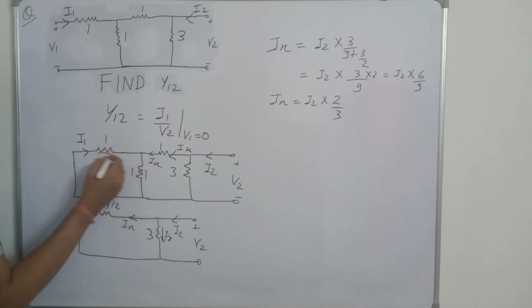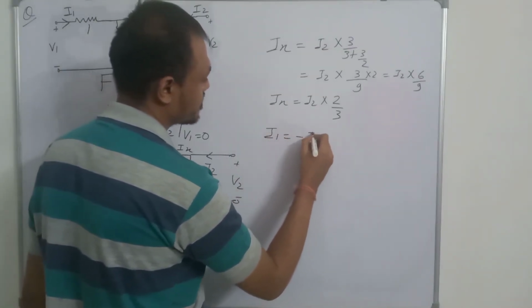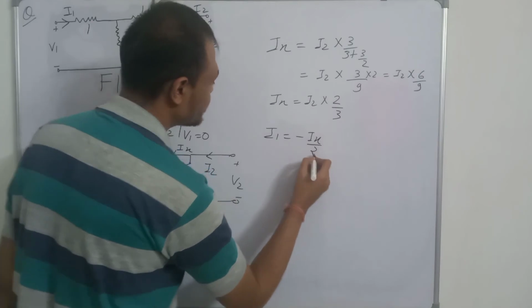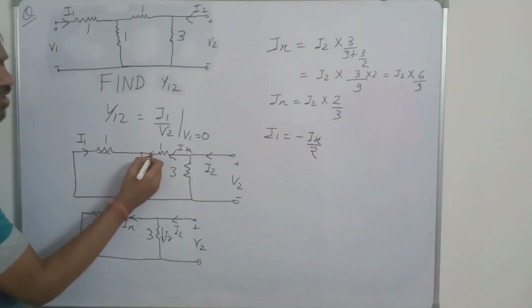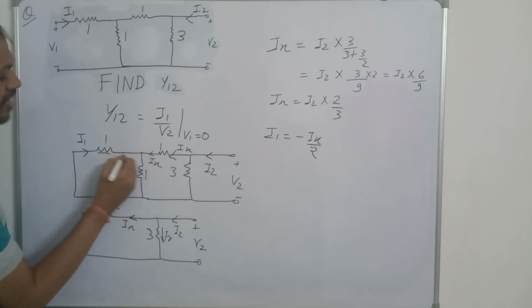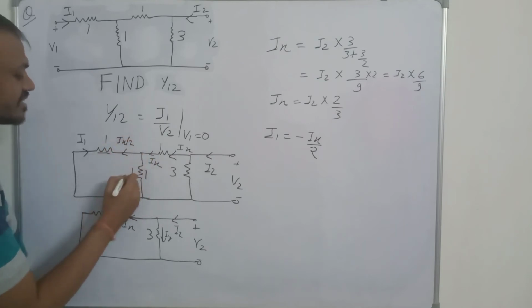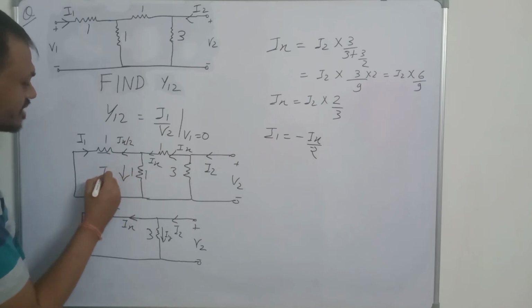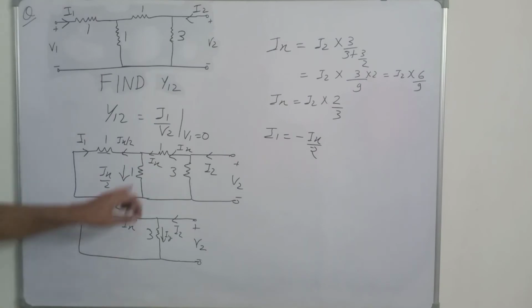So I1 will be equal to minus Ix by 2, because the direction of I1 and Ix are opposite. So Ix is getting divided into the 1 ohm and 1 ohm resistors in this way. So this current through the 1 ohm resistor is Ix by 2. So Ix gets divided into two currents, and I1 is equal to minus Ix by 2.